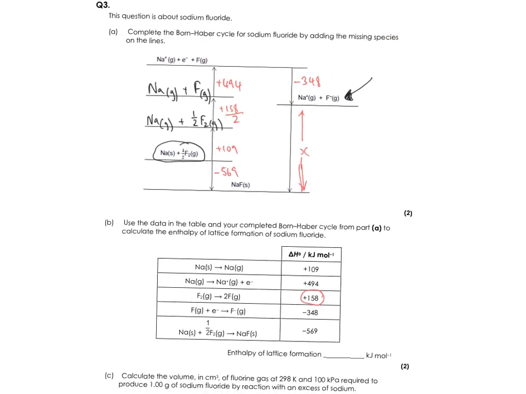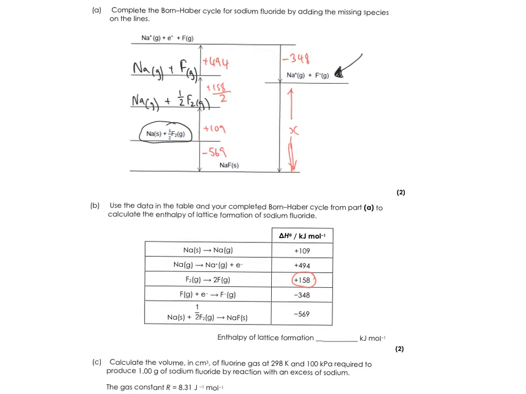And what you've got to remember is that if you start at this point and go round a cycle and end at that point at the end, then if you add all these together, they should add up to 0. So if we're going to work out this value here, x, we're going to do 0 equals, and then we've got to make sure the arrows go in the right direction. So this arrow here, the formation arrow, needs to turn around so it's going in the right direction and go back down again.